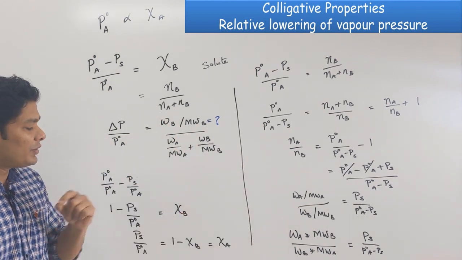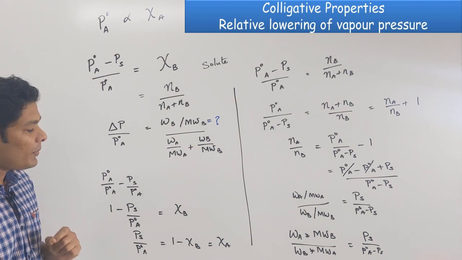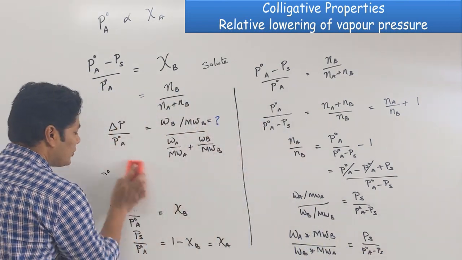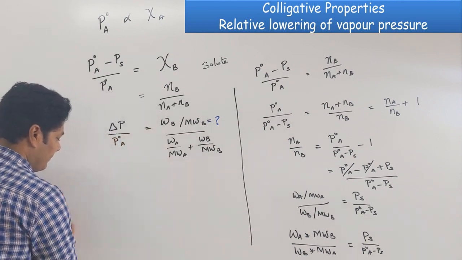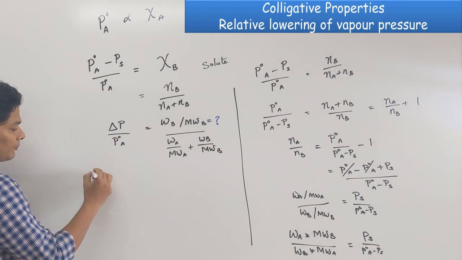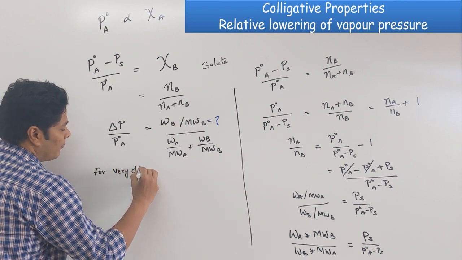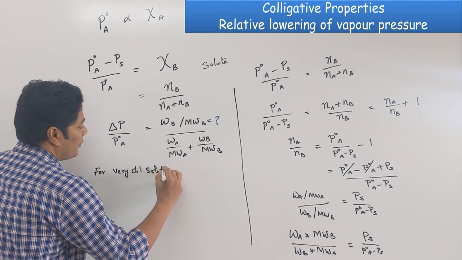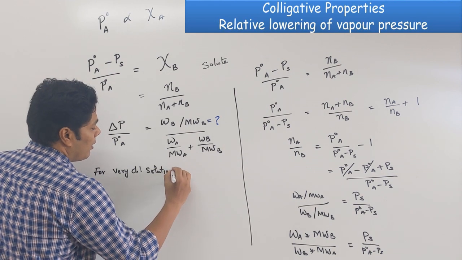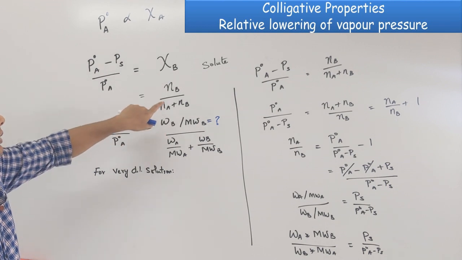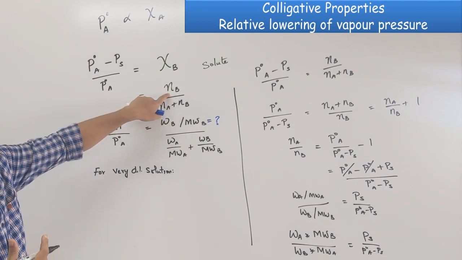Now there is a short trick that you can do. Suppose the solution is extremely dilute. How do you know? When your chi B is very low or your Nb is very low.